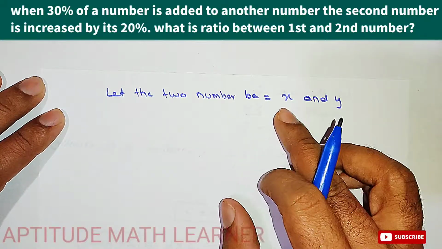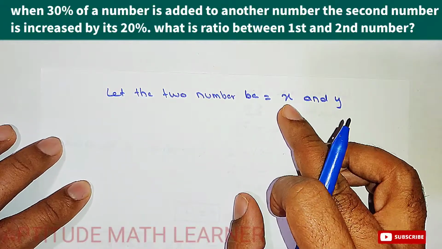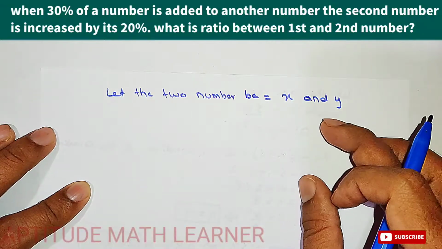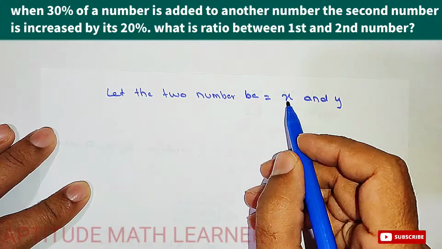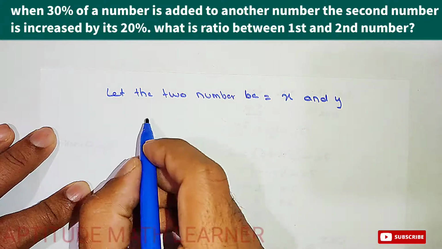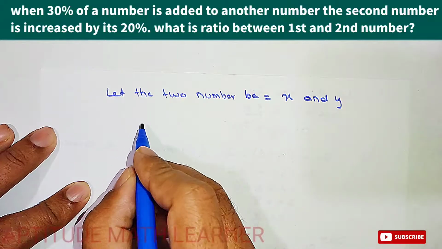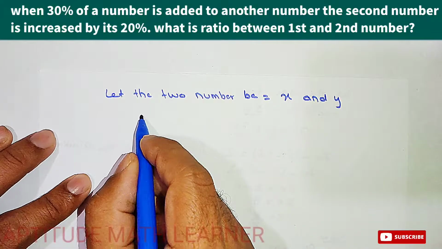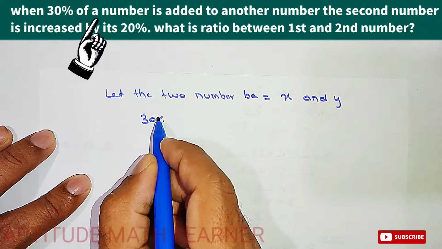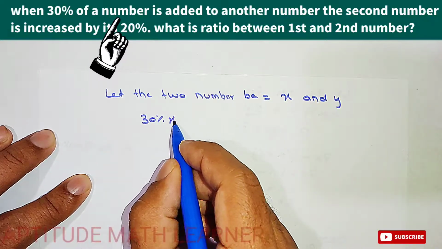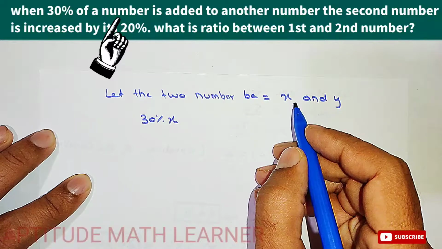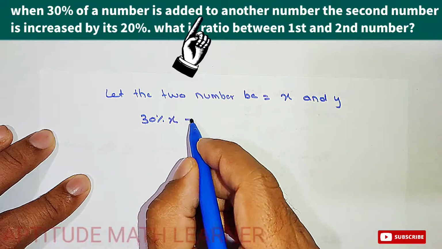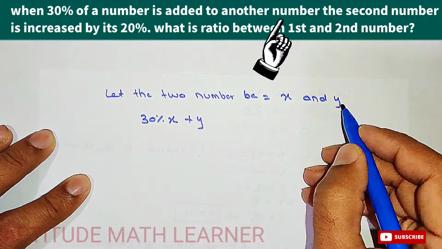We have taken the first number as x and the second number as y. So 30% of a number, this is the first number x, is added to another number, so we add it to the second number.